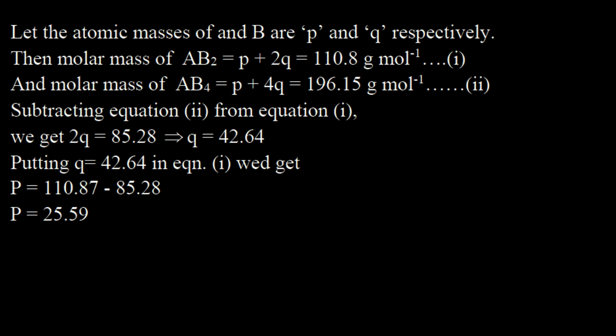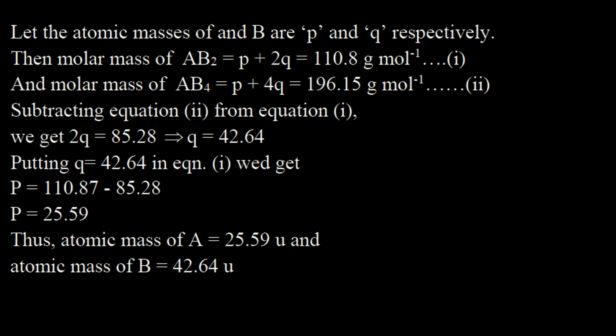So the atomic mass of A is 25.59 and B is 42.64 u. Don't forget to put the unit.